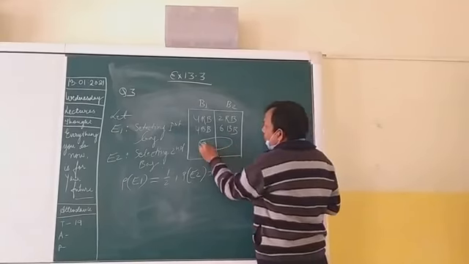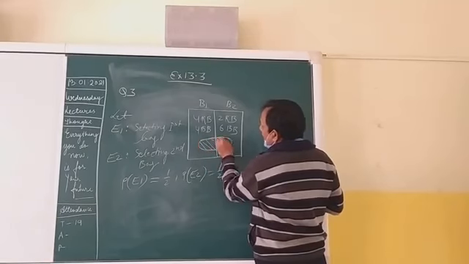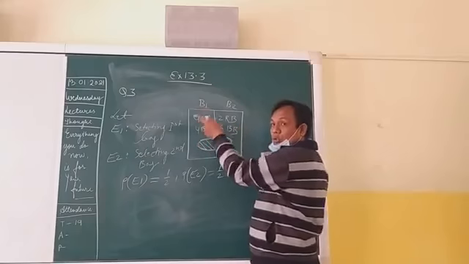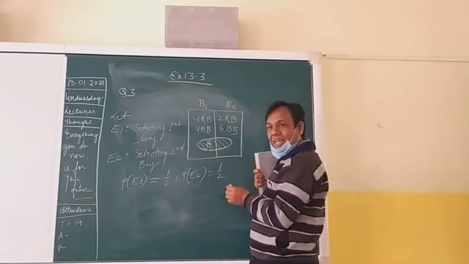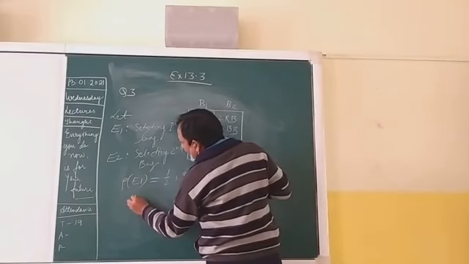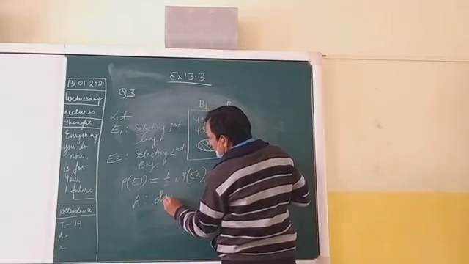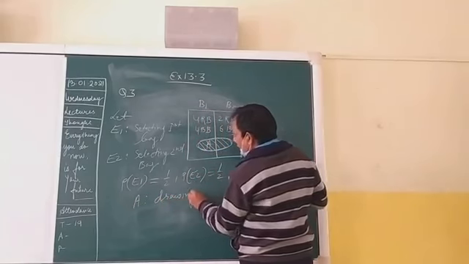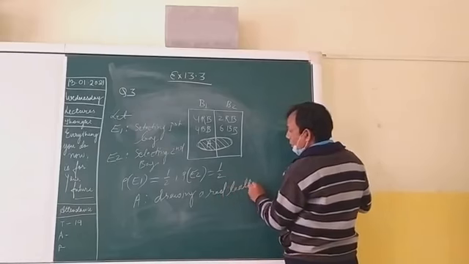So this will be the event which will cover both of the bags. Let this event be A. So we write A is the event of drawing a red ball.